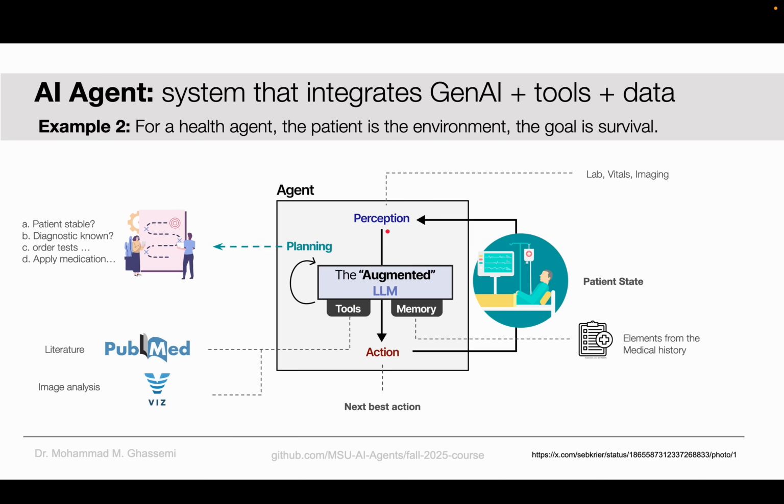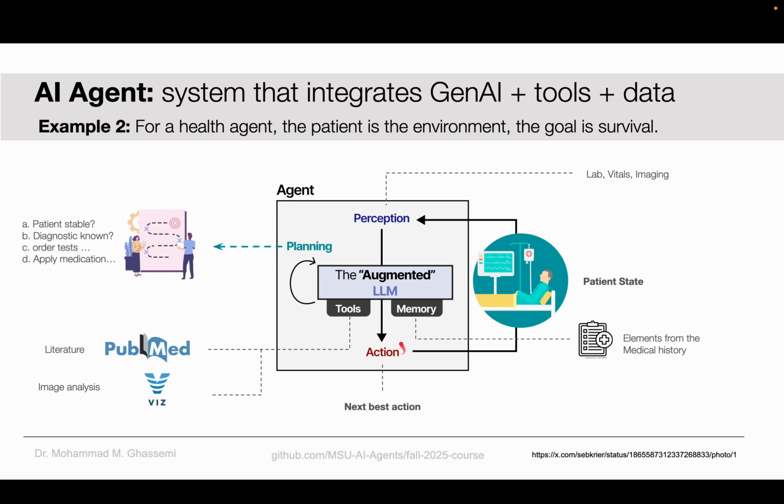There's a perception of certain elements from the environment. There's a generative AI system, an LLM, that's choosing to use some tools and pull from some memories. It uses a combination of the tools and the memories to form a plan. Is the patient stable? Is the diagnostic known? Should I order tests? Should I apply medication?